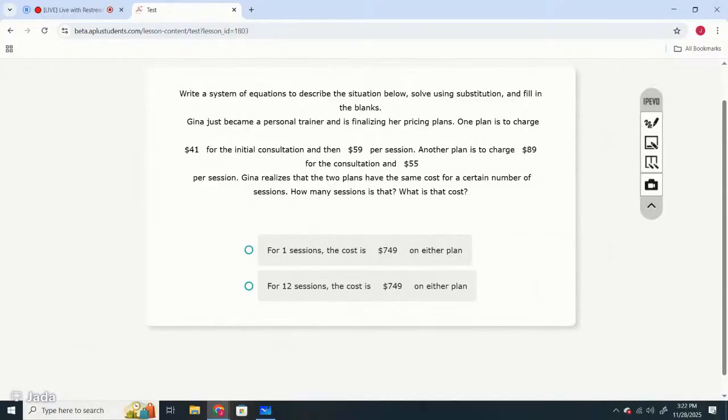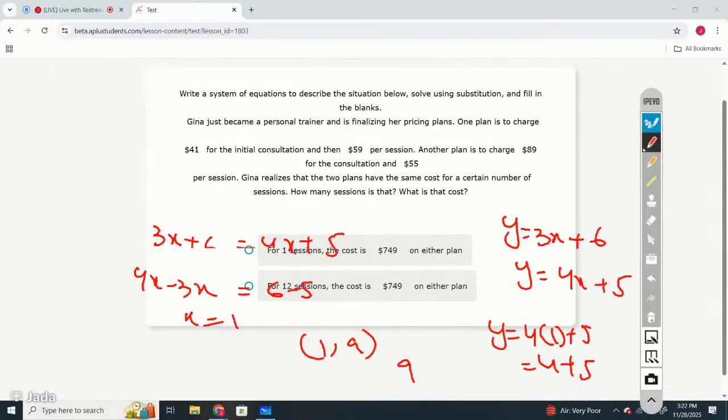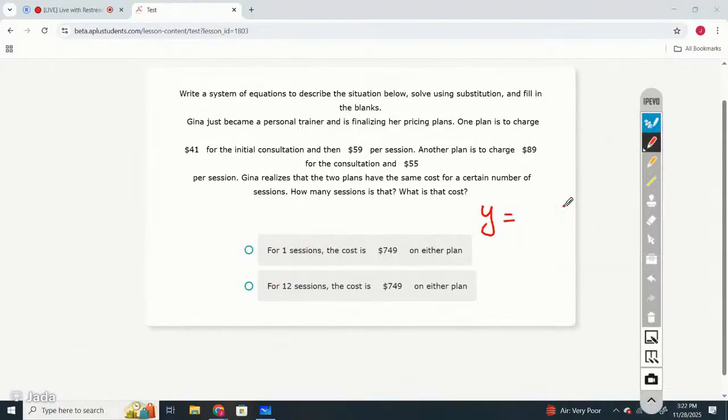Gina just became a personal trainer and is finalizing her pricing plans. One plan is to charge $41 for the initial consultation and $59 per session.